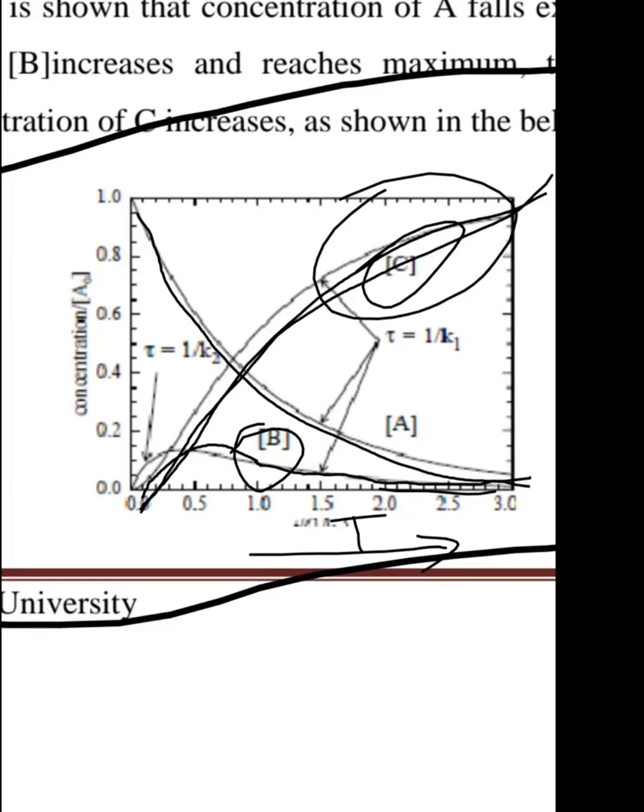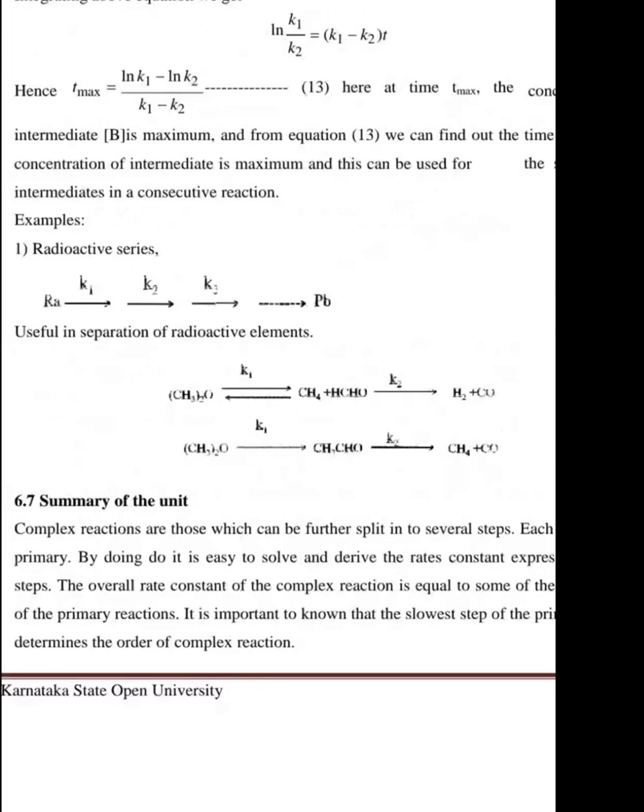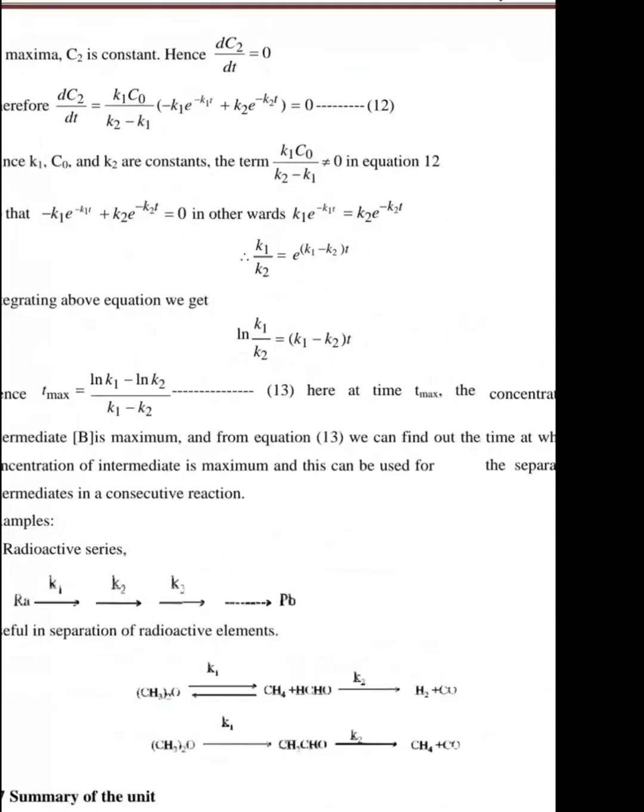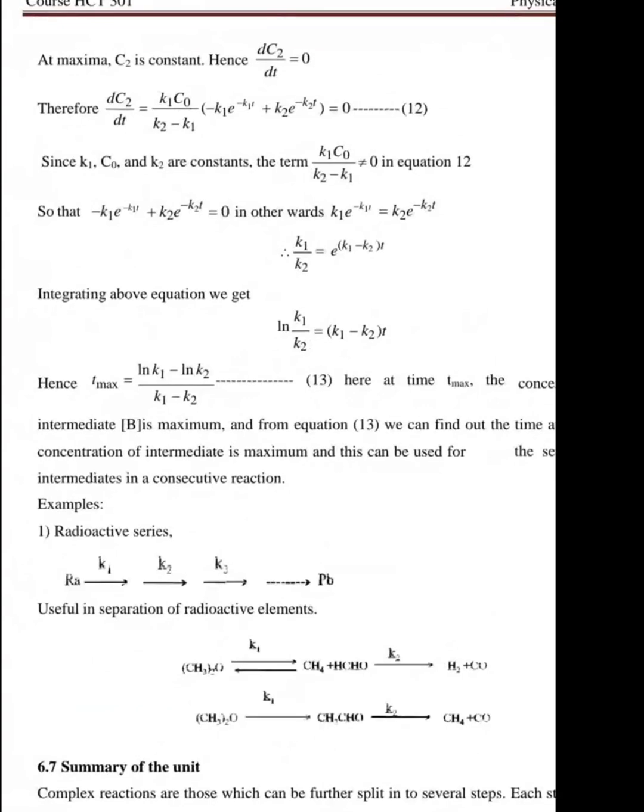From this, we are going to identify the rate constant. At maximum, C2 is known by dC2 by dt. C2 is the concentration of the intermediate, and at the maximum it can be written as dC2 by dt equal to 0 for reaction 12.